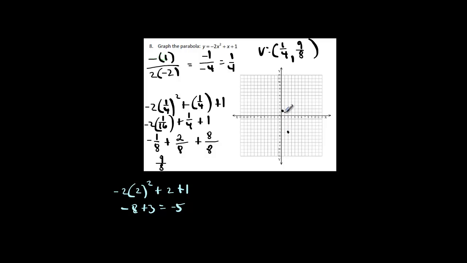So the point that is symmetric to that, because the x value of the vertex is 1/4, you're moving 1 and 3/4. So I'm going to go to the left 1 3/4. So there's 1 unit. That would be to the negative 3/4.